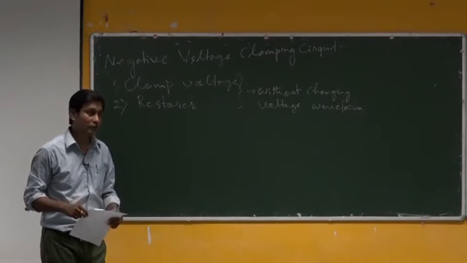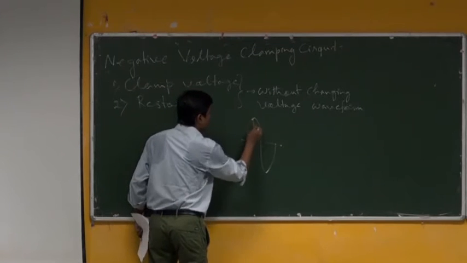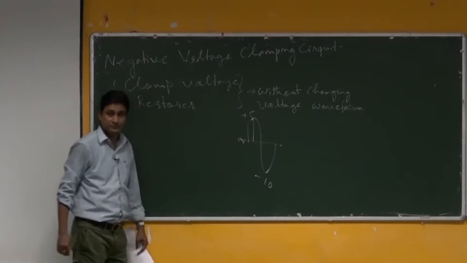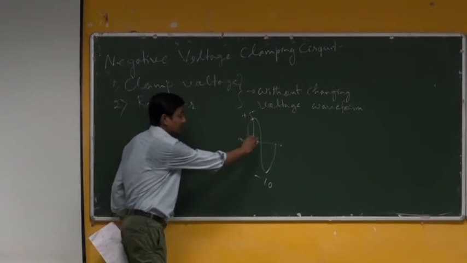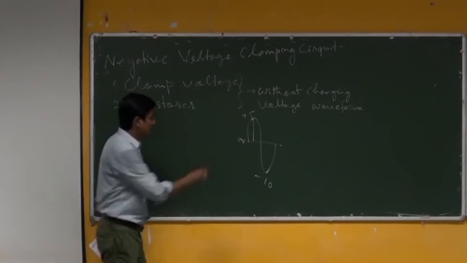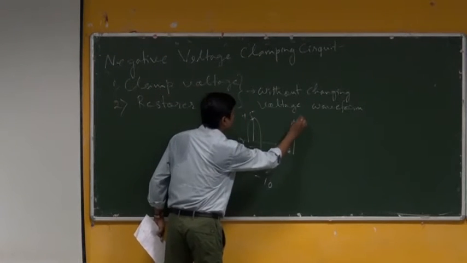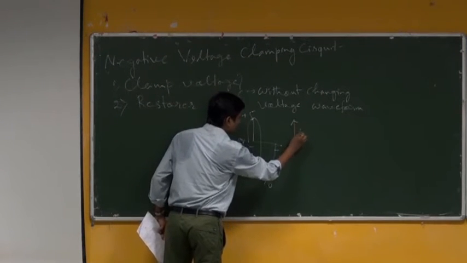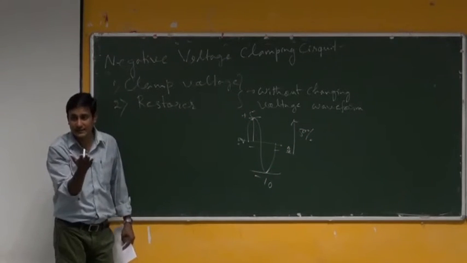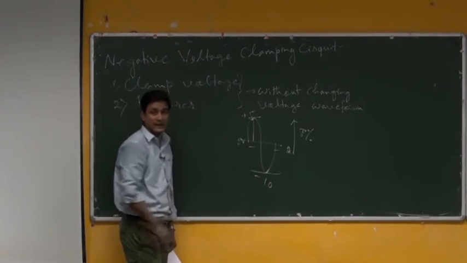Just like one voltage was defined as going from 0 volt to plus 5 to minus 10. Now, you want to clamp it in such a way that it goes in between. That means you want to put it at another place where this top part will be 50% of the peak to peak voltage, that means at the center. For this kind of purpose, we use that.